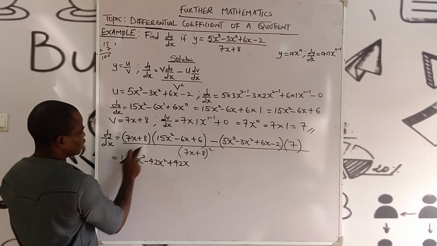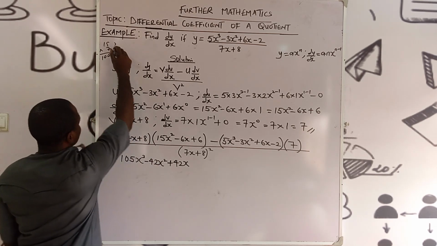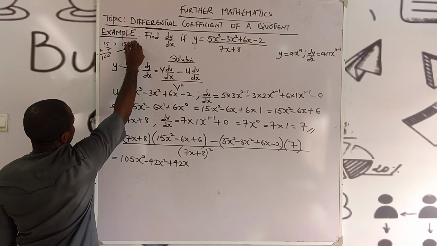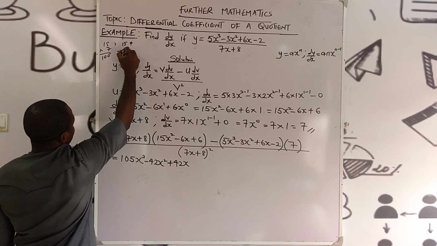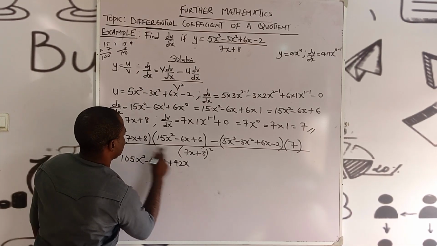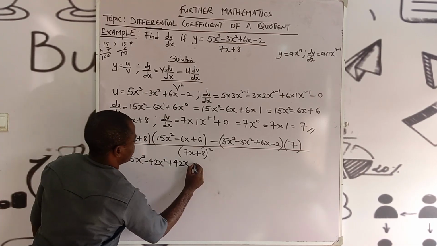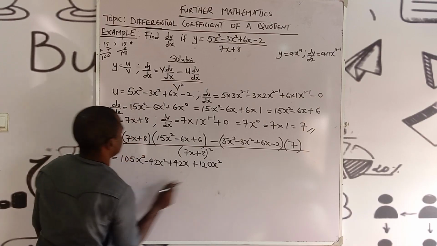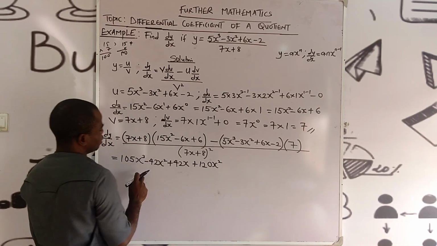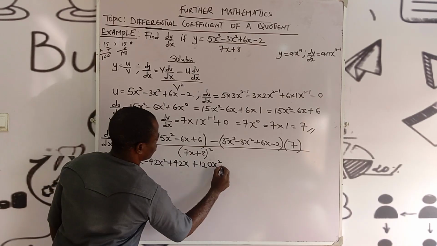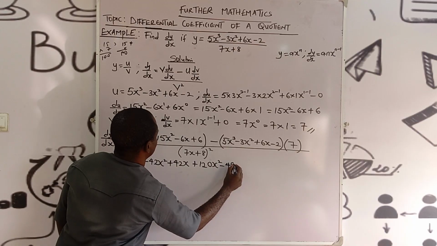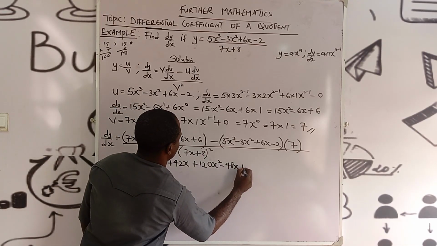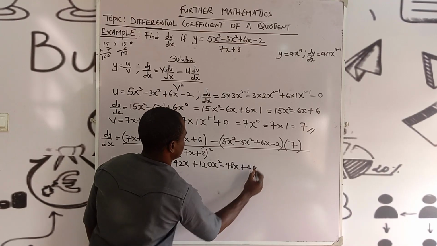I've finished that one. Let's start with this: 8 times 15x squared, 8 times 5, 40, 8 times 1, 8 plus 4, that's 120x squared. 8 times minus 6x, that's minus 48x. 8 times 6, that's plus 48.